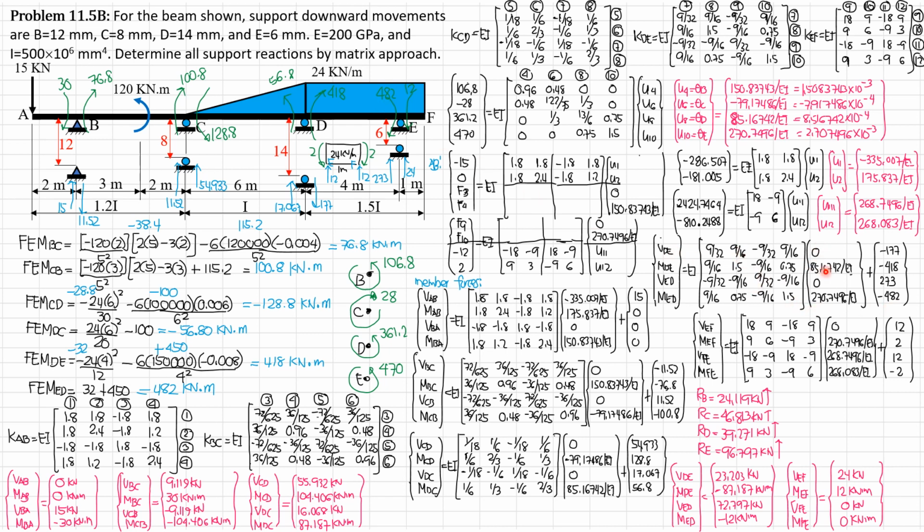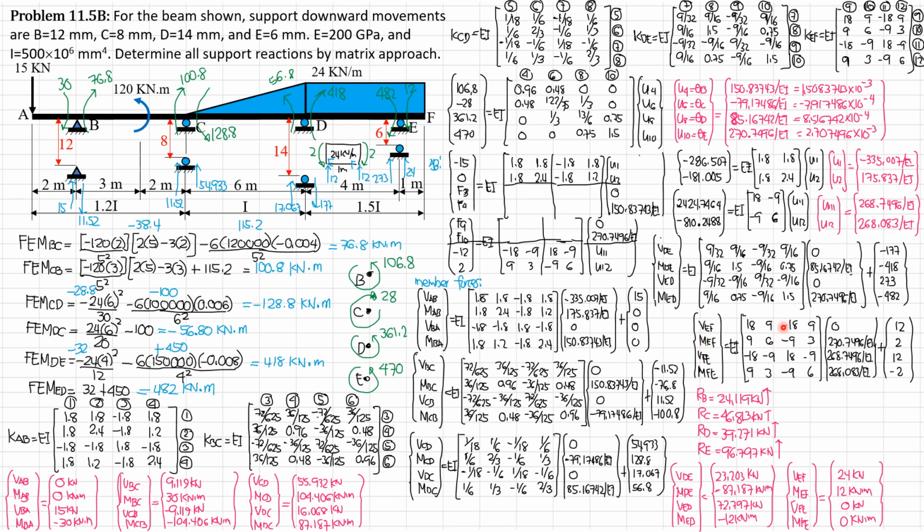Product of this and this plus corresponding fixed forces. So shear DE, the member forces of DE would be 23.203 kilonewtons. Moment DE, the negative of this value. Then shear ED, then moment ED, which is moment at E. It's correct.